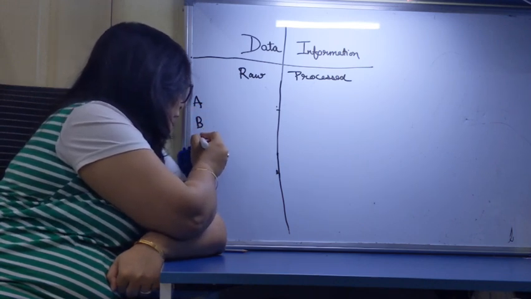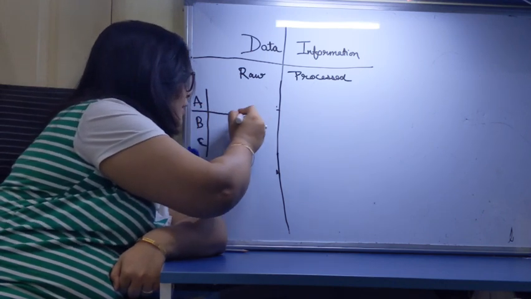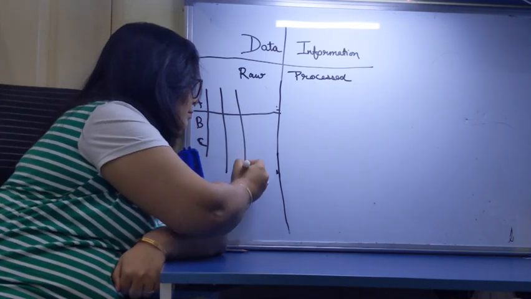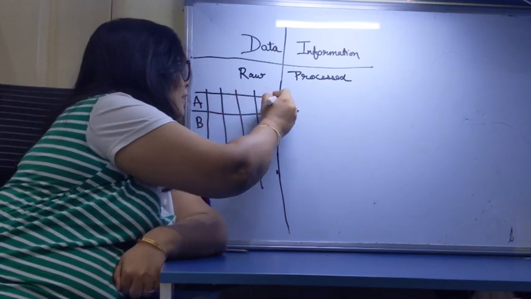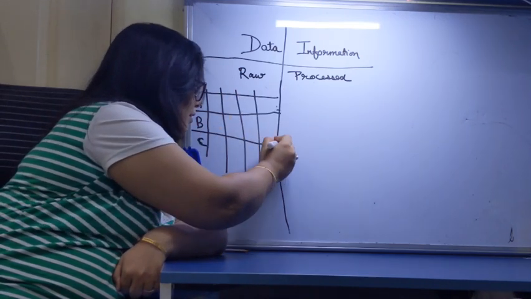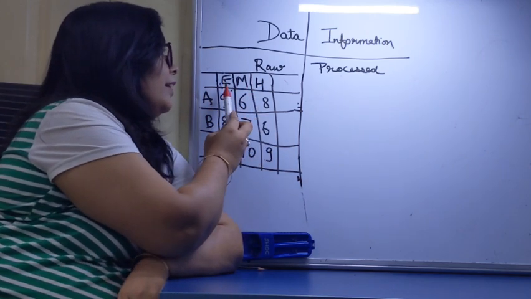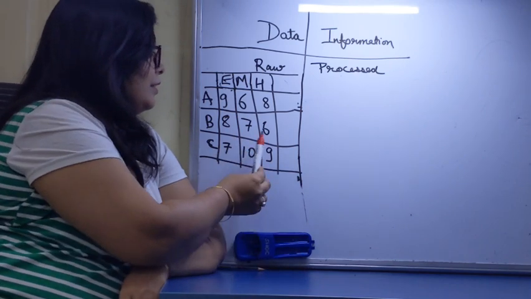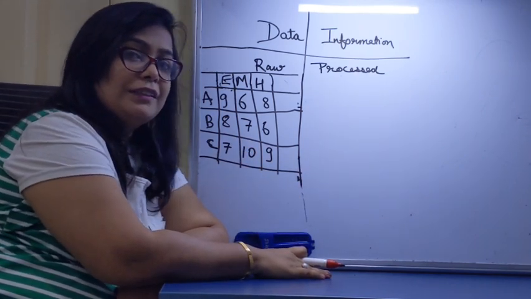I know there are more than 30, but for this example, let's take 3. And you have various subjects. I'm not taking many subjects, okay. I'm just taking 2, 3 for the example. So I have taken English, Maths and Hindi. E stands for English, M and H. Okay, fine. Then these are the marks given by the different teachers to the students.